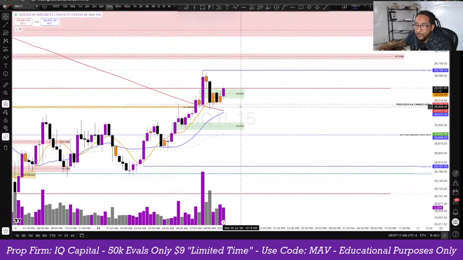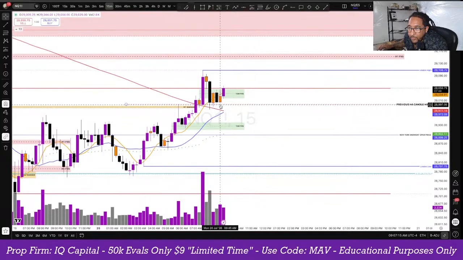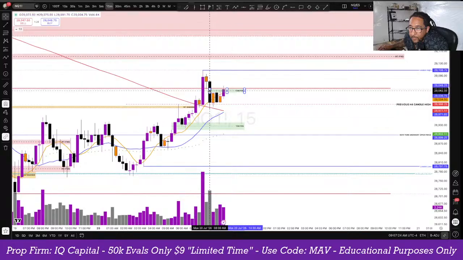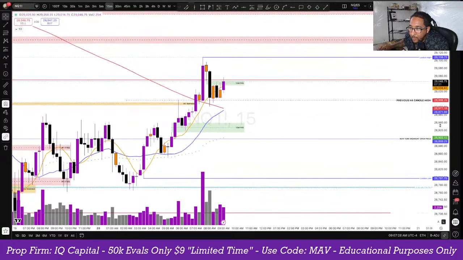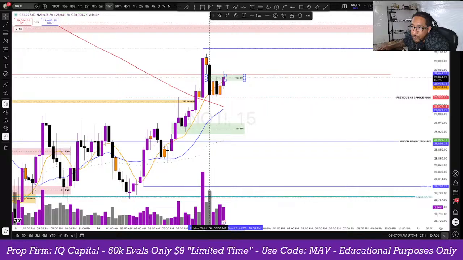So that was the 15 minute. Right now we're trying to see if price will respect this 15-minute fair value gap. We have a bearish 15-minute fair value gap that was created on our way down.